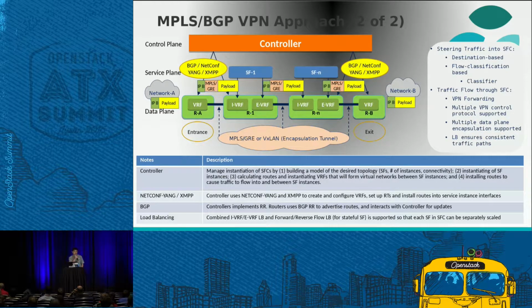For example, NETCONF/YANG with those virtual routers, or XMPP for the existing routers, or NETCONF/YANG for the edge routers. Of course, BGP will be used for route advertisement, using a route reflector to advertise the routes between the different virtual routers. And load balancing could also be used to balance the different instances of the functions.